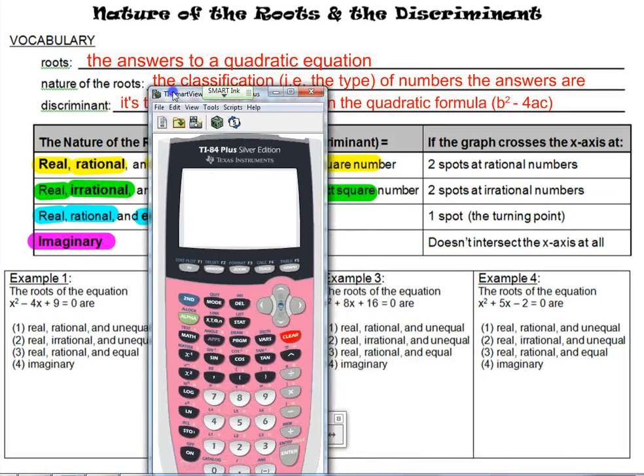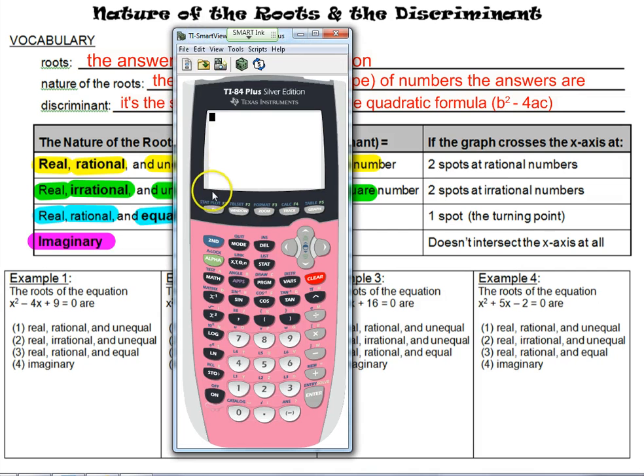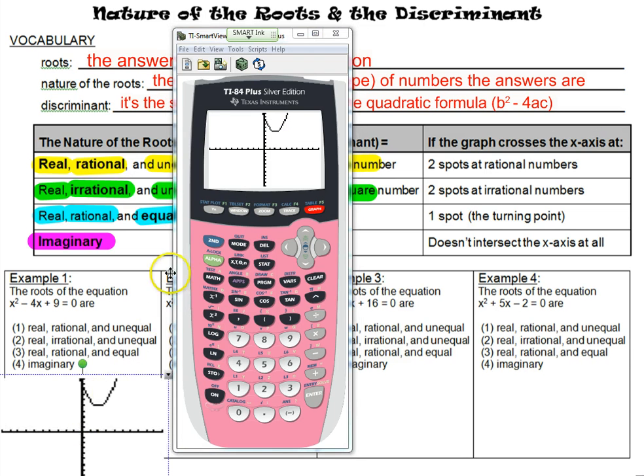Okay, so if you recall, the roots of a quadratic are where they cross the x-axis. So for my example 1 problem, if I put in x squared minus 4x plus 9, if you notice, the graph of number 1 here is not crossing the x-axis at all.